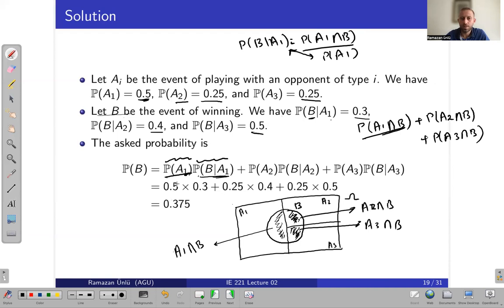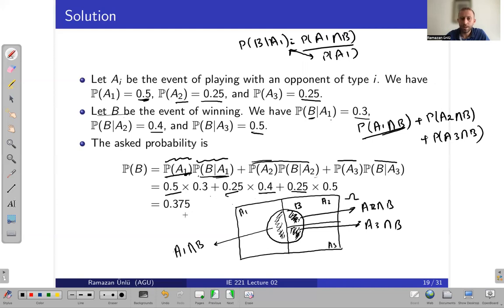For type 1 it is 0.5 times 0.3, and the same thing for the others: 0.25 times 0.4 for this one, and 0.25 times 0.5.